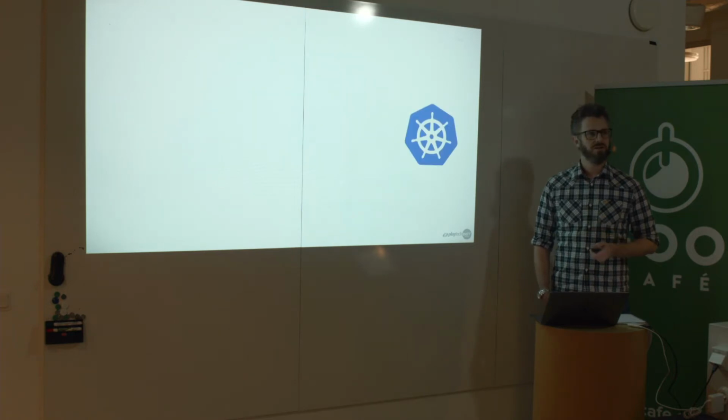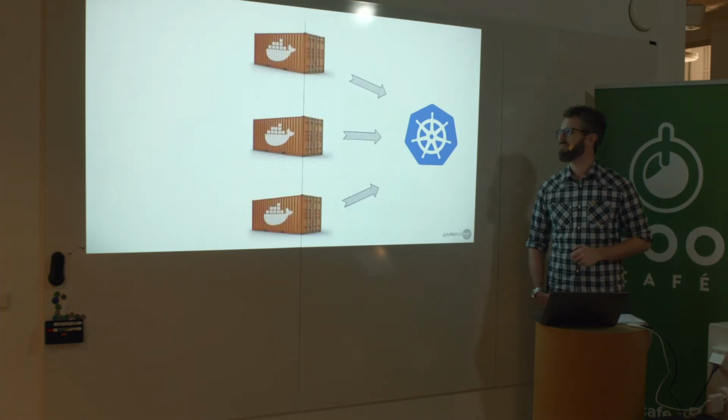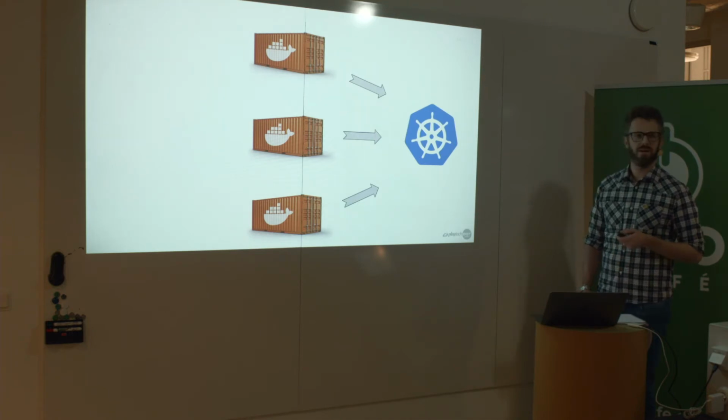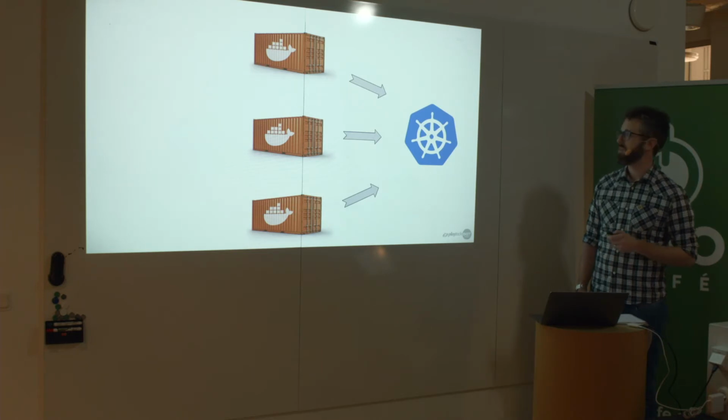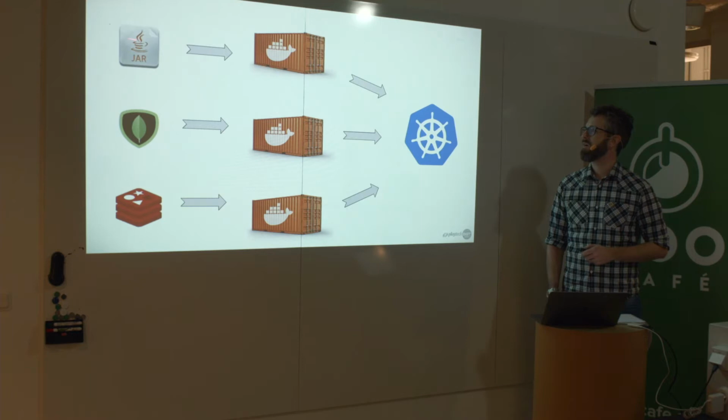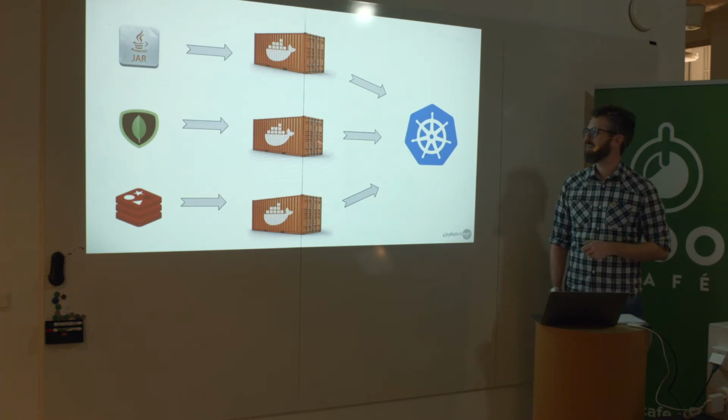Kubernetes, however, has a contract for how you add your applications to Kubernetes, and that contract is Docker. So you need to provide your application in Docker containers to be able to run them in Kubernetes. So that's what we're going to do. We have our Java jars, we have MongoDB and we have Redis, and we have to provide them to our Kubernetes cluster using Docker.